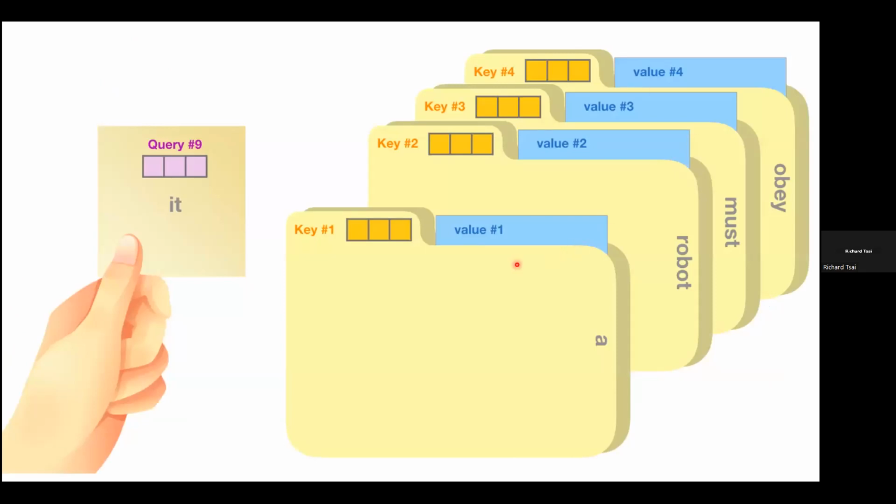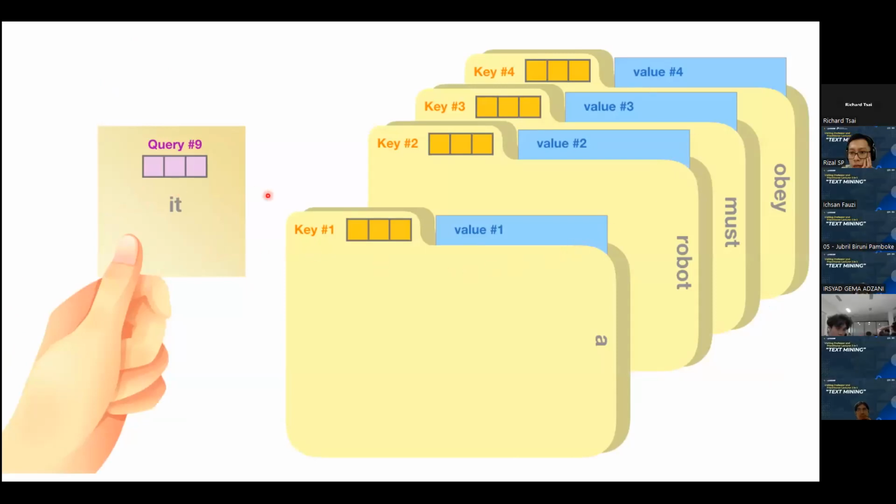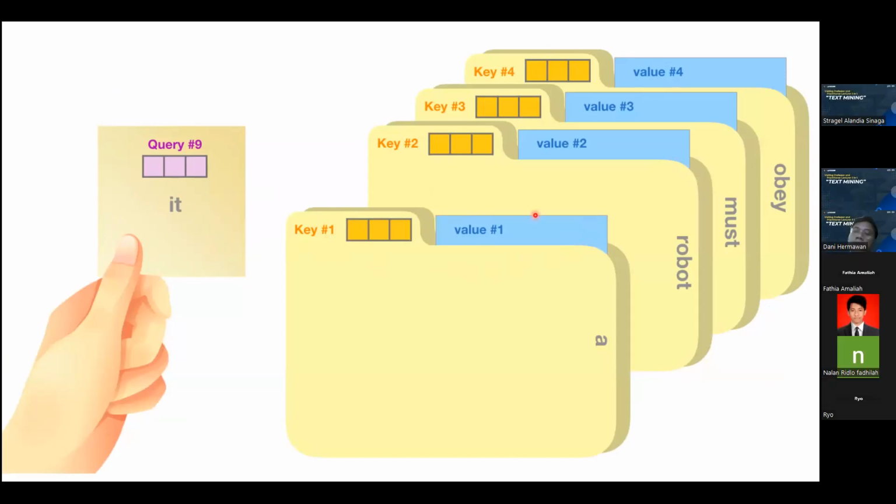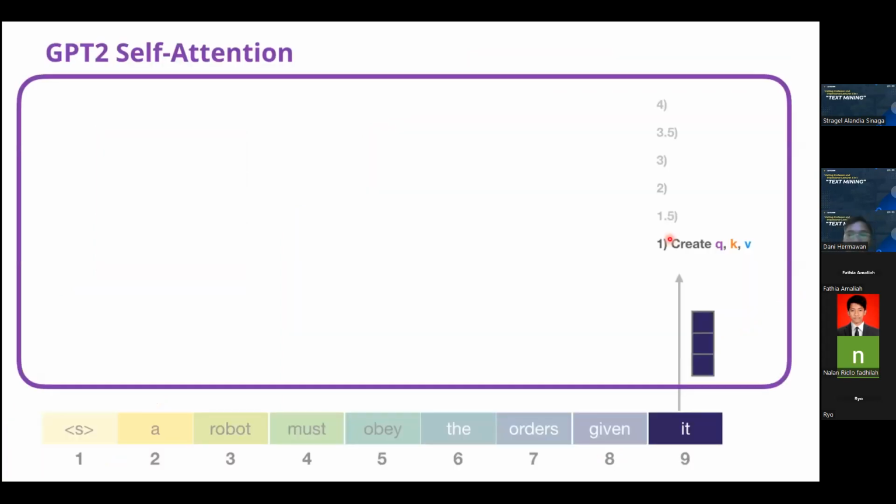So key 1 and value 1 were generated when the input was A. Key 2 and value 2 were generated when the input was robot, and so on. When it is the input token, its positional embedding is used to create the query, key, and value vectors.